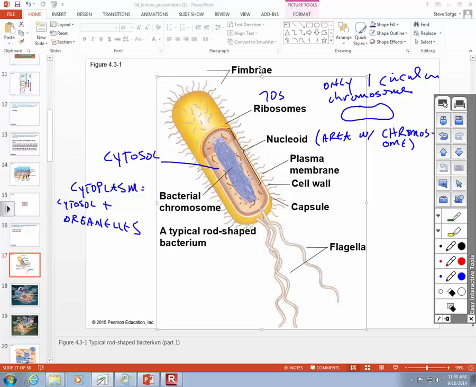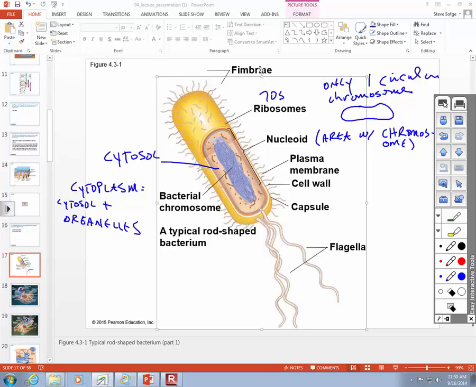Are you kidding me? So this is not an organelle, but if I put a membrane around it, then it is. We'll call it a nucleus. Well, they don't have nuclei in a bacterium. And some books will tell you the nucleus is not an organelle. So then you get into all of that. It's kind of bizarre. All right. So the bacterial chromosome is just one circular chromosome.